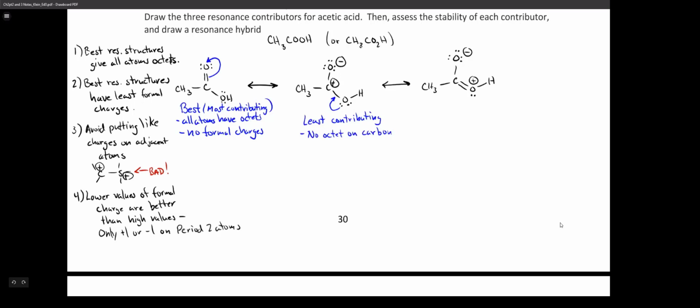Period 2, of course, meaning boron, carbon, nitrogen, oxygen, fluorine, anything in the second row of the periodic table.